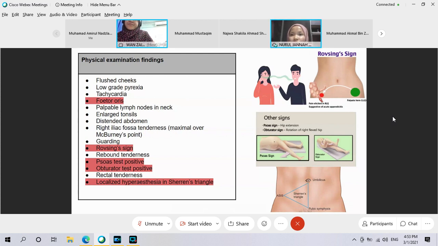Rebound tenderness means if we palpate with pressure and then release the pressure, the patient will feel the pain after we release the pressure. Okay. So when we press it doesn't hurt, but when we release it hurts. The explanation is the same: the inflamed parietal peritoneum touches the abdominal wall, and that causes the pain. When we press it doesn't hurt, but on rebound it hurts, because the parietal peritoneum is already involved in the inflammation. Understand? Understand.